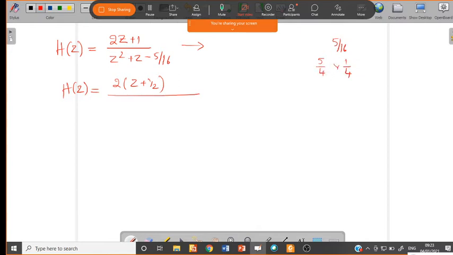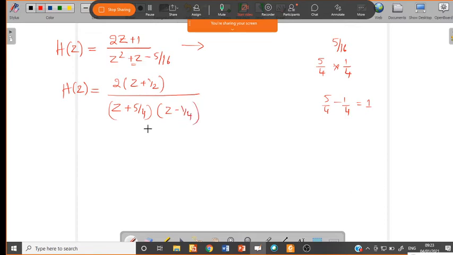If you multiply you get 5 by 16, and if you subtract, 5 by 4 minus 1 by 4 gives 1, so you get plus 1. So the roots are 5 by 4 and 1 by 4. Now we can write z plus 5 by 4 into z minus 1 by 4.